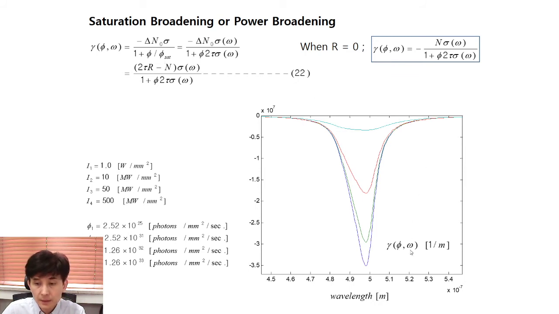And as the number of photons increases, the gain coefficient becomes broader and broader due to the input photon flux. That is called the power broadening.